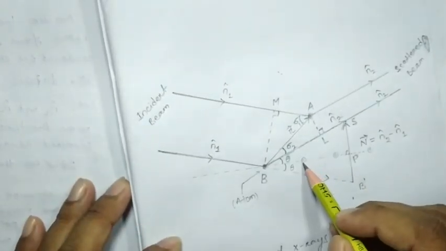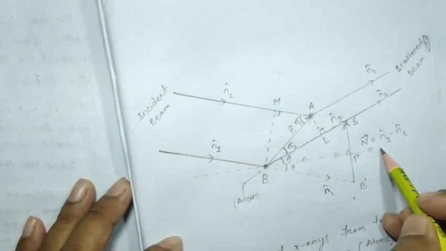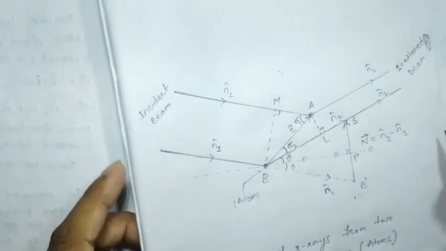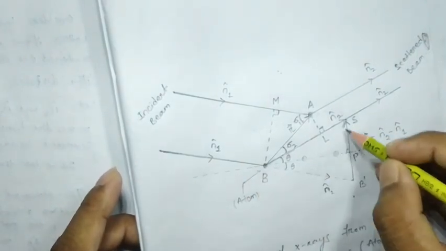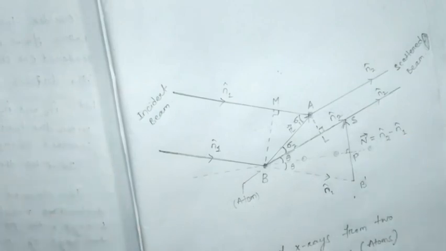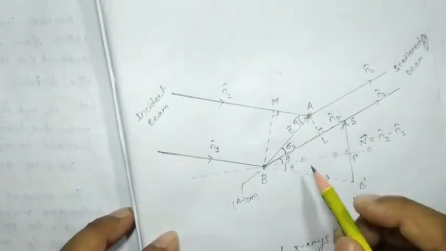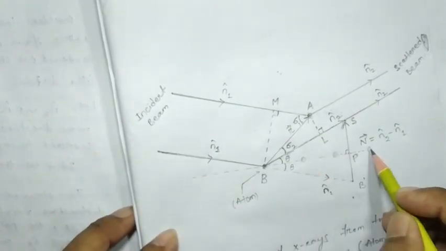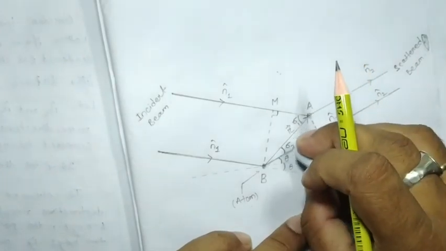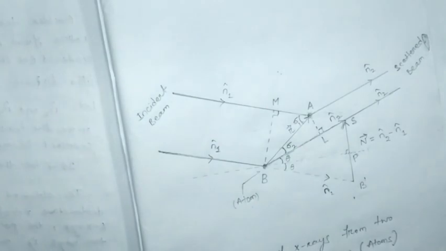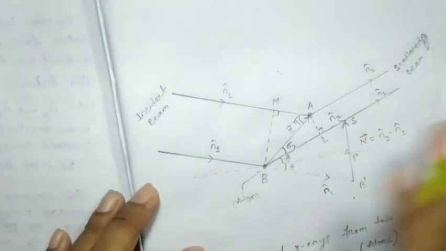Likewise, if we consider this periodic arrangement, this dotted line will act as a plane, and this n vector will be perpendicular to that plane. The atoms I have drawn here need not be drawn; I drew them only for your understanding, and I have also erased them.